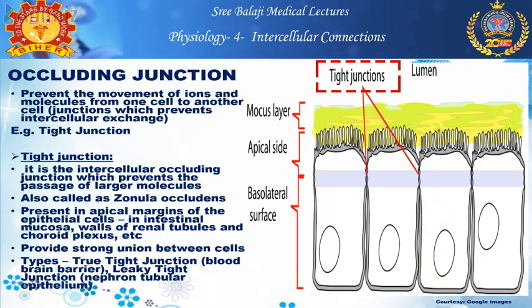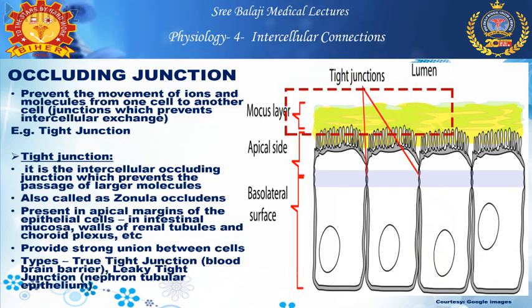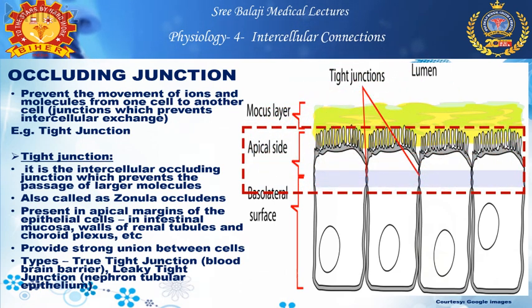It is an intercellular occluding junction that prevents the passage of large molecules. It is also called zonula occludens. It is present in apical margins of epithelial cells, in intestinal mucosa, walls of renal tubules and choroid plexus, etc.